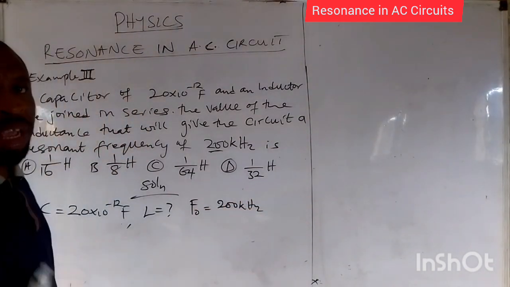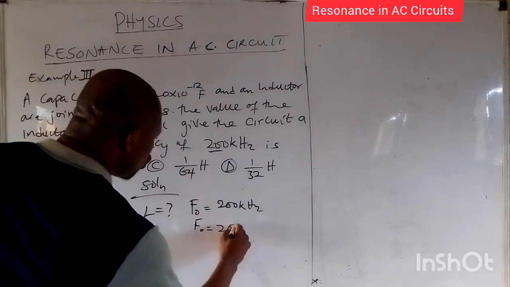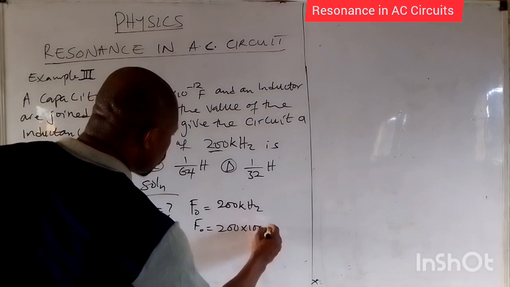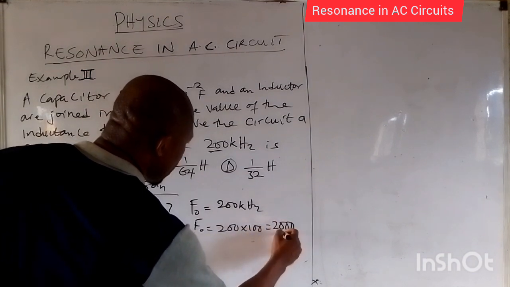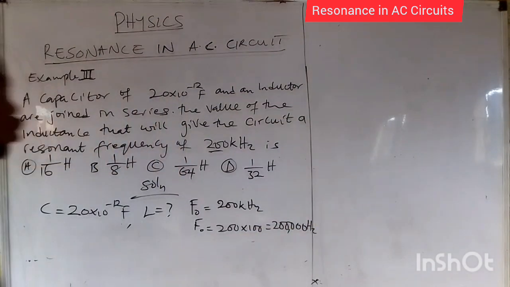And of course, kilo means 1,000. Therefore, F naught is 200 times 1,000, which will give us 200,000 hertz. Okay, we proceed.